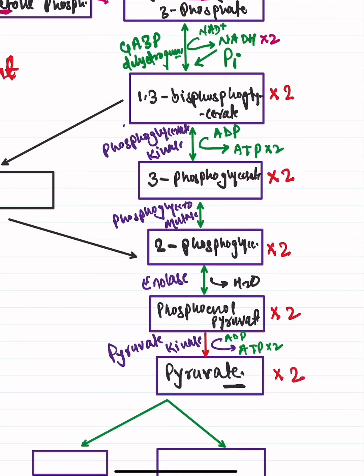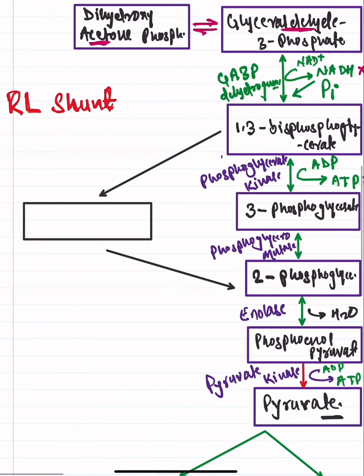So as you can see, in the whole pathway, we are getting 2 ATPs here, and 2 here, and 2 NADH. Okay, this is the normal pathway of glycolysis. And I told you there are 3 steps in the whole glycolysis where the reaction is irreversible under normal physiological conditions. 2 we have discussed before.